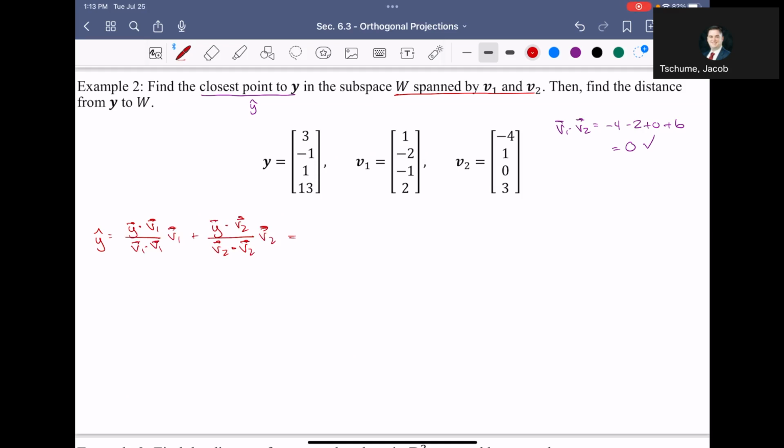Computing all of your inner products, let's dot y with V1: 3 plus 2 minus 1 plus 26 over V1 dotted with itself, which is 1 plus 4 plus 1 plus 4, times V1, plus y dotted with V2, which would be -12 minus 1 plus 0 plus 39, over V2 dotted with itself, which is 16 plus 1 plus 0 plus 9, times V2.